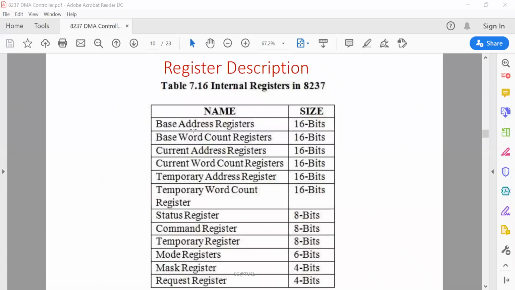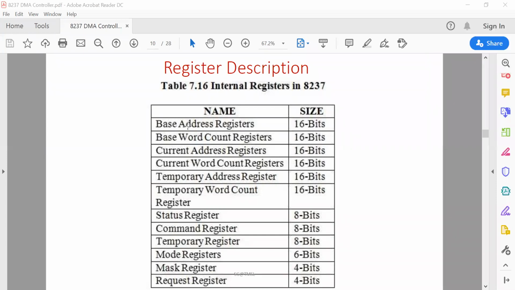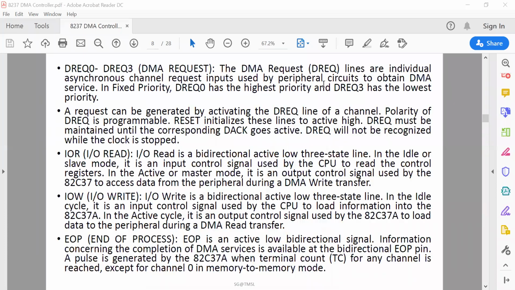These are the registers: the base address register, base word count register, current address register, current word count register, temporary address register, temporary word count register, status register, command register, temporary register, mode register, mask register, request register. So there are different types of registers available in an 8237 DMA controller. So we'll discuss them one by one.